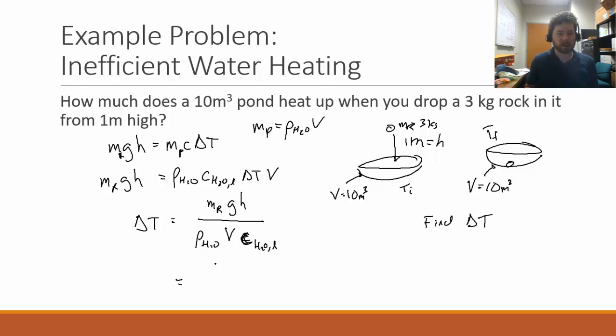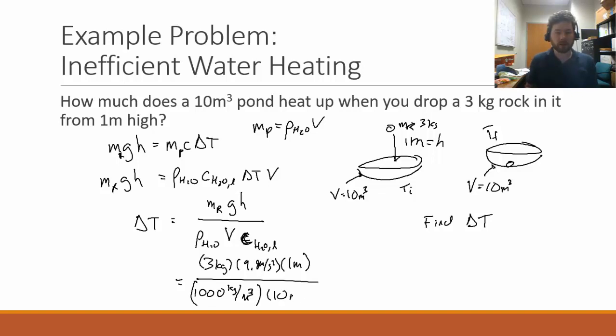If I plug in my numbers, the rock has a mass of 3 kilograms, g is 9.8 meters per second squared, the height change is 1 meter, the density of water is 1,000. Remember, this is in kilograms per cubic meter, the SI units that we'll want, not 1, which is grams per milliliter, if you might be familiar with that from chemistry.